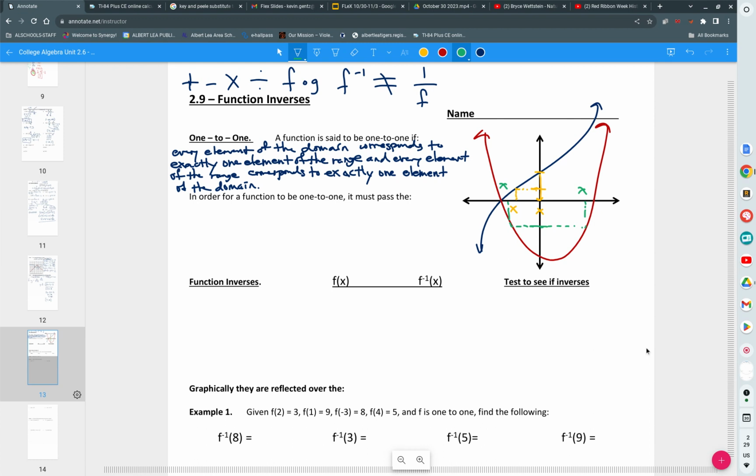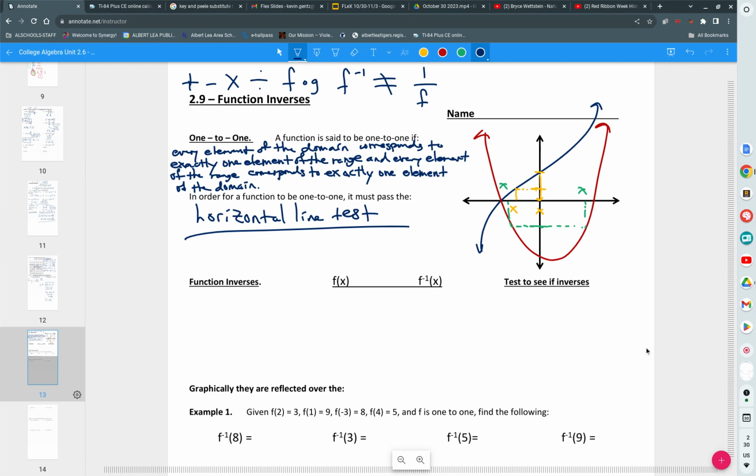That means that the parabola is not one-to-one, but the blue one is one-to-one. So in order for something to be a function, it must pass the vertical line test. In order for it to be a one-to-one function, it also must pass the horizontal line test. And there you have it. That's information about a one-to-one function.